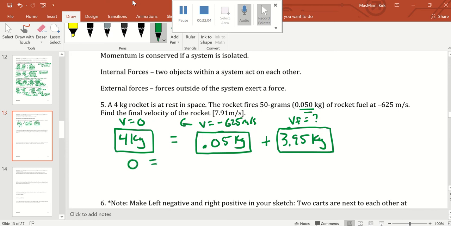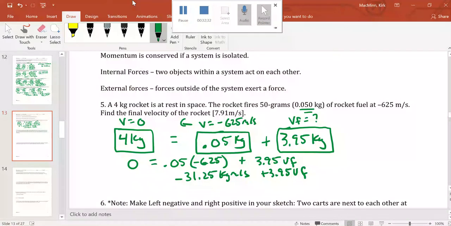So 0 equals 0.05 times the negative 625 plus 3.95 VF. If I do that, I get negative 31.25 kilogram meters per second plus 3.95 VF is equal to 0.